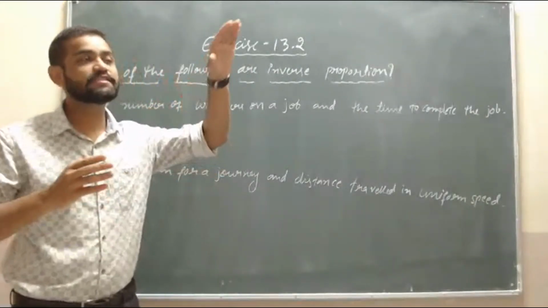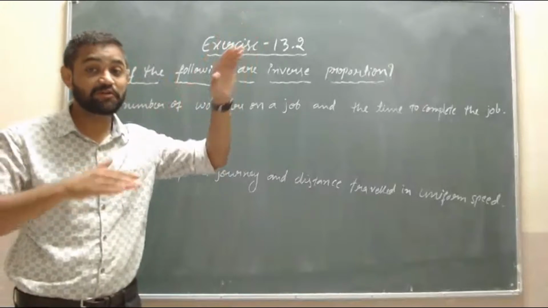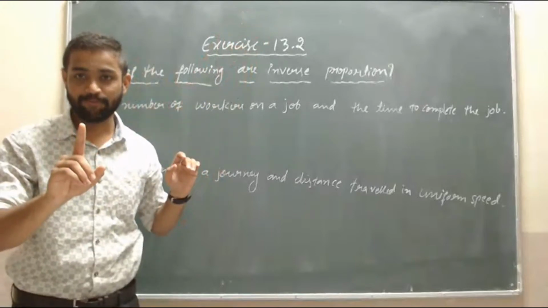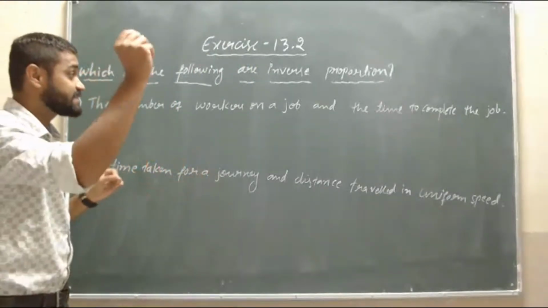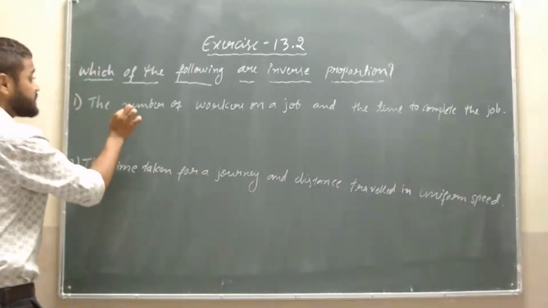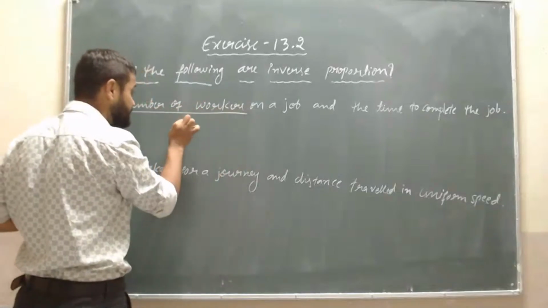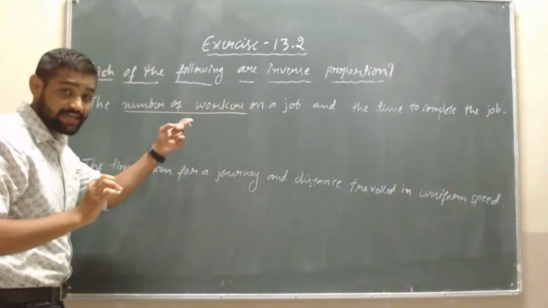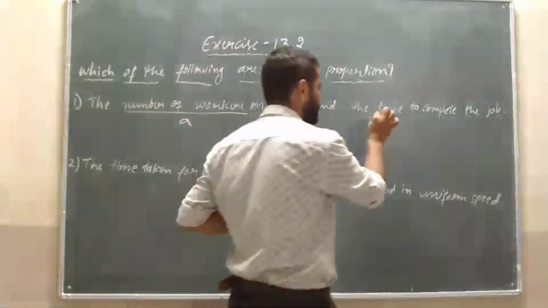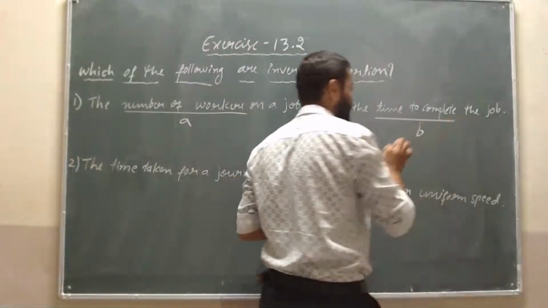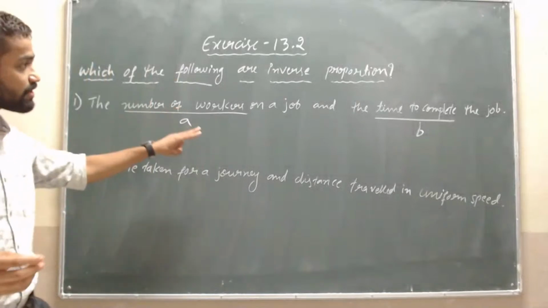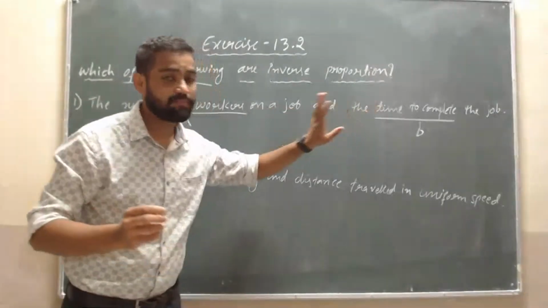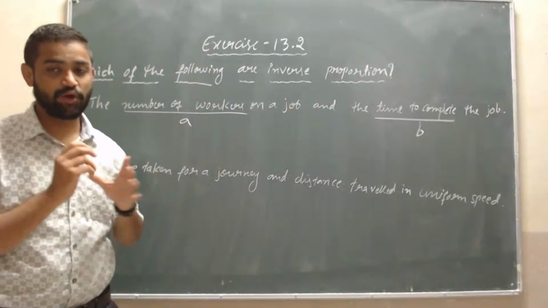Here, one value increases with respect to decreasing another value, isn't it? In the first question, he has given two quantities: the number of workers and the time to complete that job.